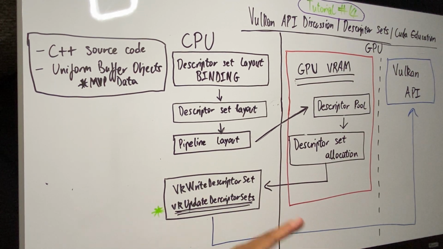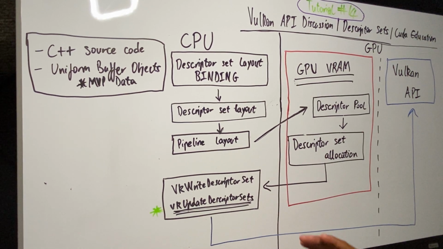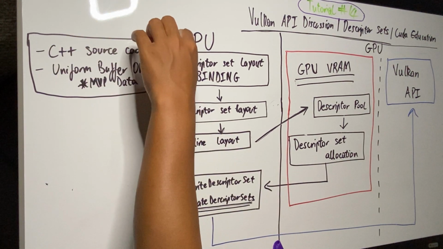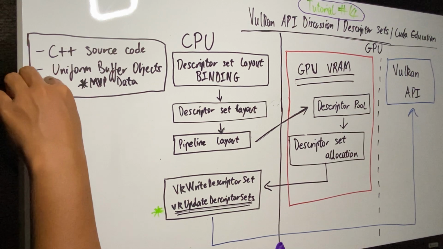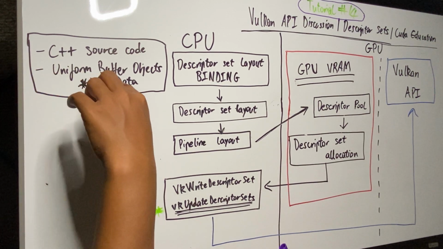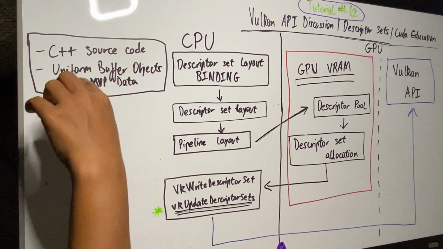So when the image is rendered on your screen, and you use your mouse to scroll in and out, to zoom in and out on the scene, it's being initiated as a user. You're a user on the CPU side. You're updating the uniform buffer object, which is the camera system, the model view projection data. You're modifying this data.